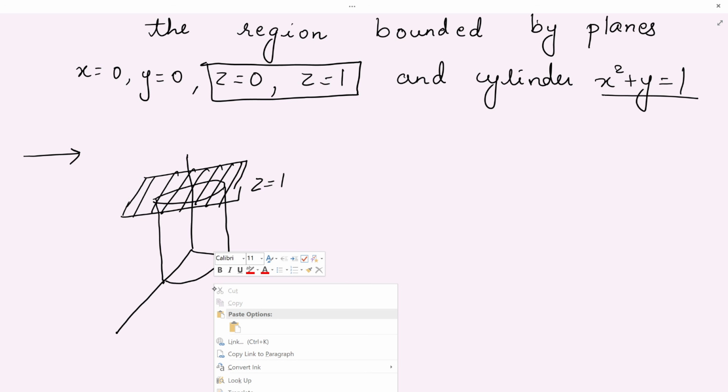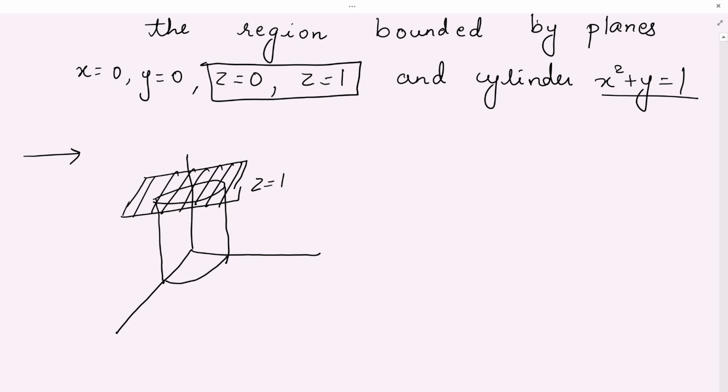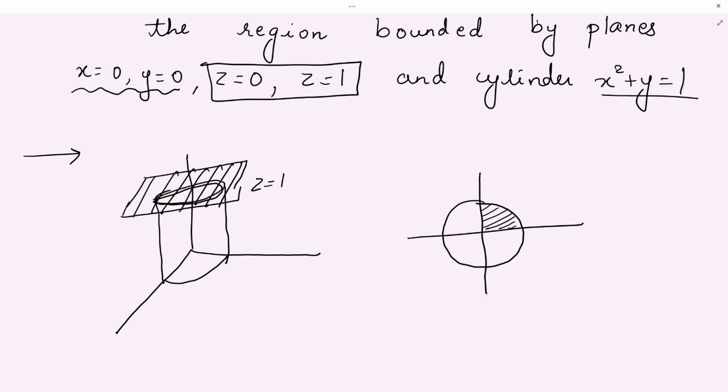Right? So after this you substitute, this will be a circle, x² + y² = 1. And this will be a positive quadrant only because the planes are x = 0 and y = 0. So it is taken only in the positive quadrant when you convert into two-dimensional.